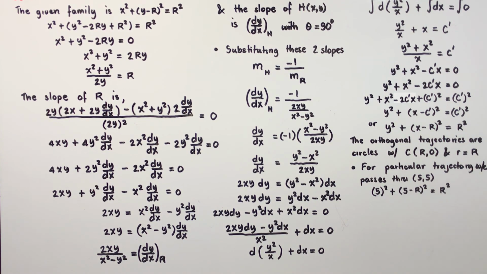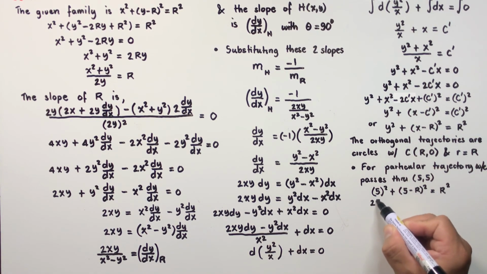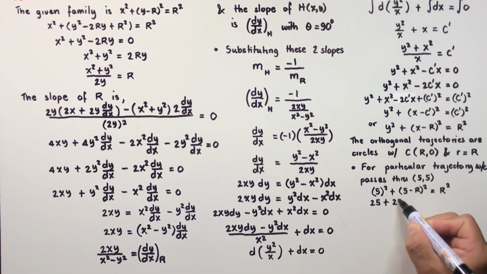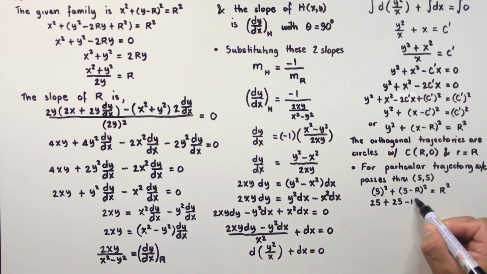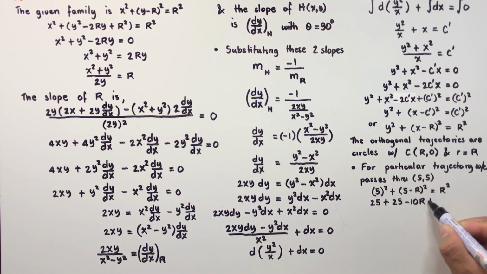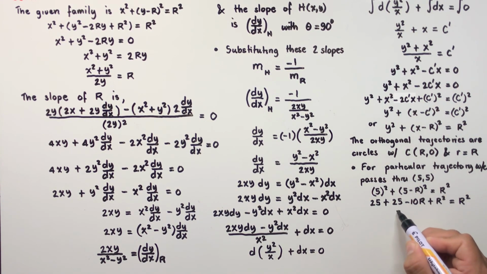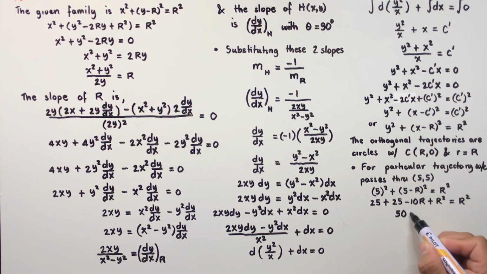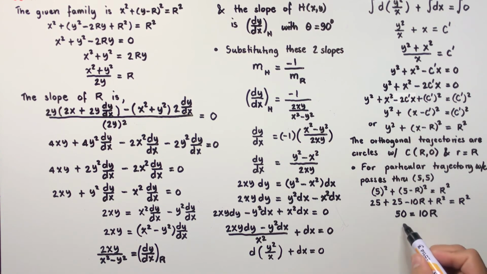And we can simplify this one as 25 plus 25 minus 10r plus r squared, which is equal to r squared. And subtracting both sides of the equation by r squared, what remains is 50, which is equal to 10r. Therefore, our r is 5.